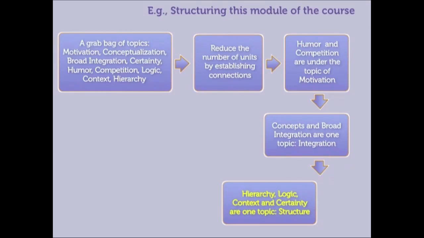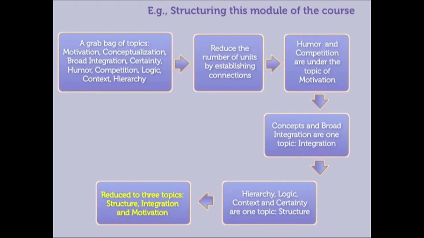There's really only one topic of which they are all different aspects, and that was the topic of structure. So I ended from 9 down to 3. Now I found it illuminating, although I knew all the 9 points to start with, simply to see that there were three broad issues to tie it all together.